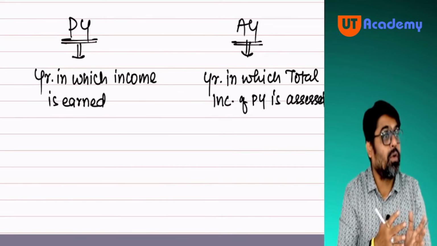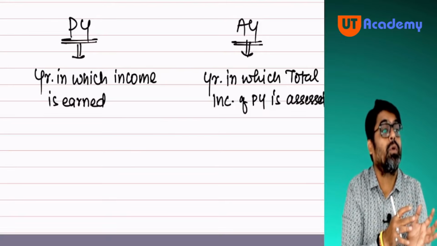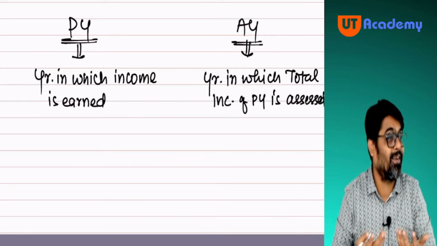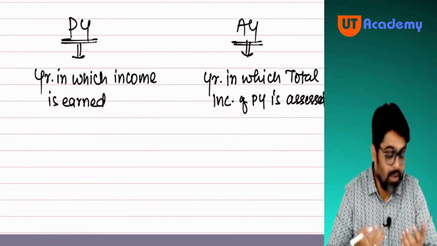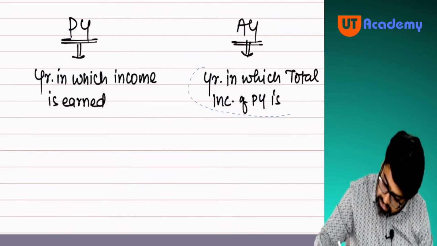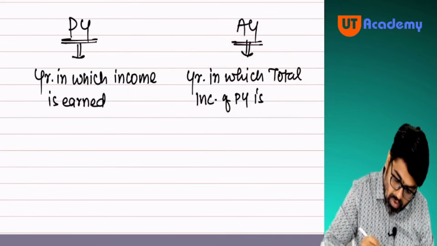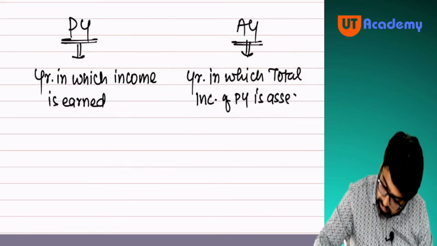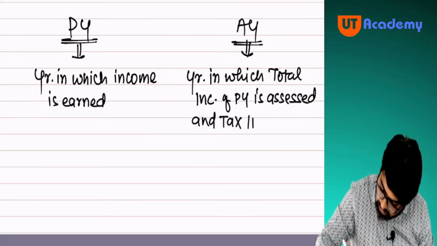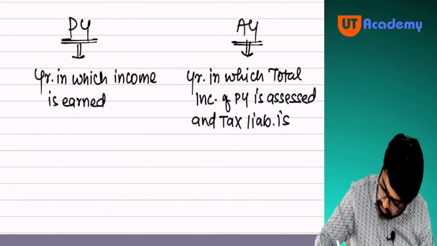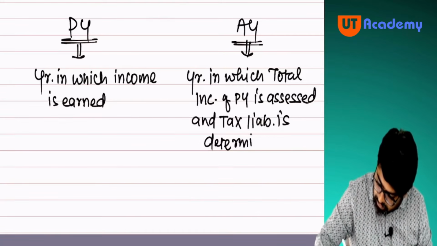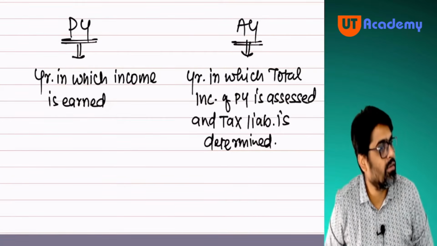So, whenever you do calculations, whenever you do determination activity, that is known as assessment. Assessing. I am determining. Yes or no? So, the assessment year is the year in which the total income of the previous year is assessed and tax liability is determined. That is known as assessment year.